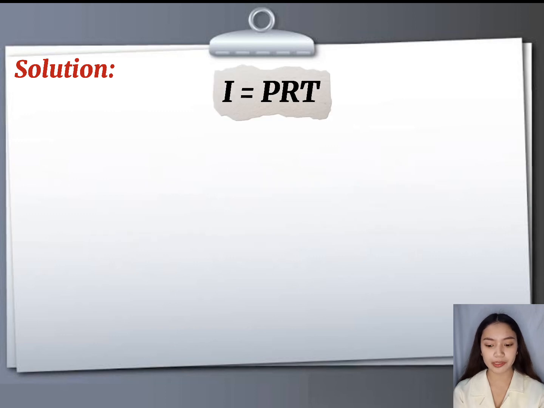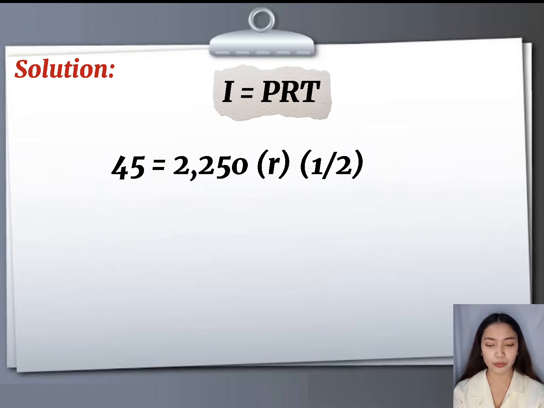Let us plug these values into the formula I is equal to PRT. 45 is equal to 2,250 multiplied by the rate multiplied by 1/2. 2,250 multiplied by 1/2 is 1,125.